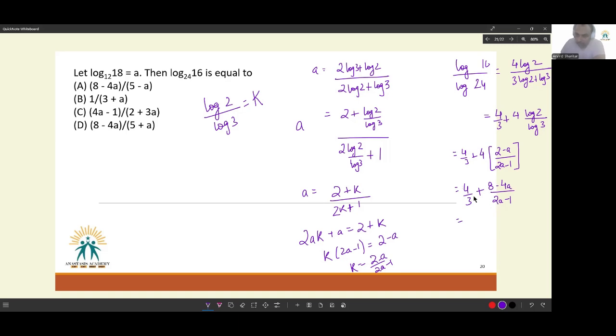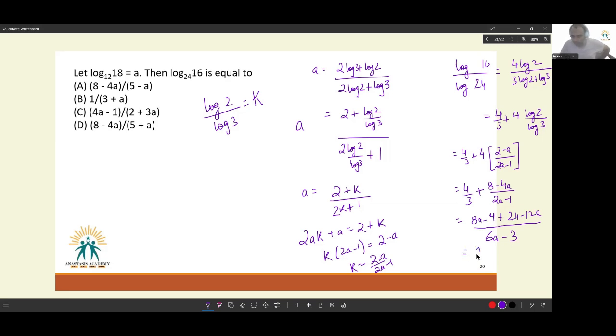So now I can multiply it here. I will get (8a minus 4 plus 24 minus 12a), whole thing divided by (6a minus 3). I'm getting something like this, 6a minus 3.